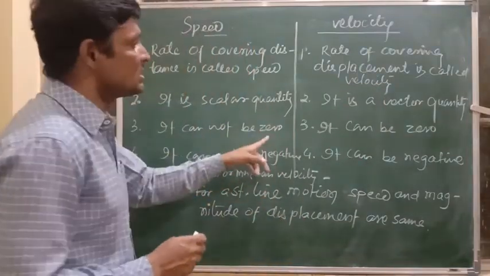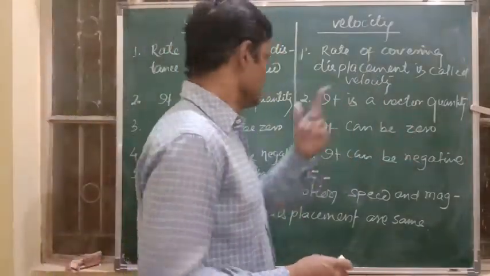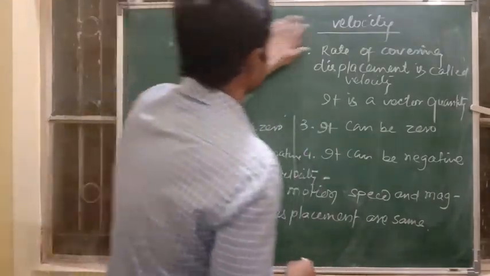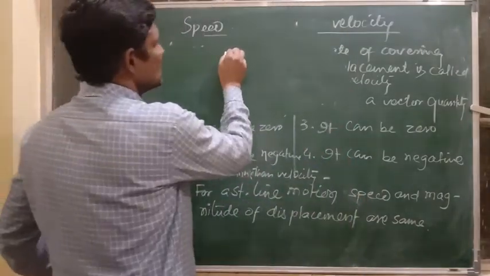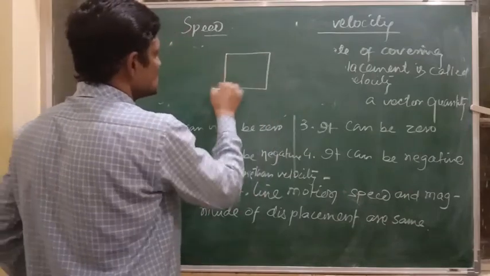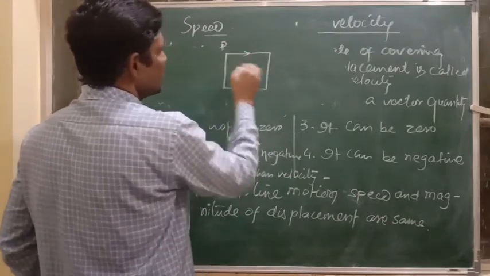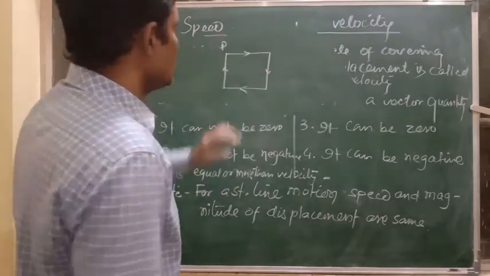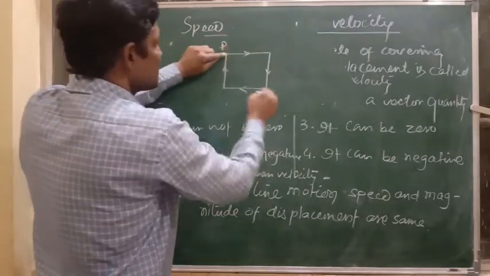Speed cannot be 0, but velocity can be 0. As we have discussed earlier, suppose that object P starts from here and returns to P again through this path, then its total distance is this much length.